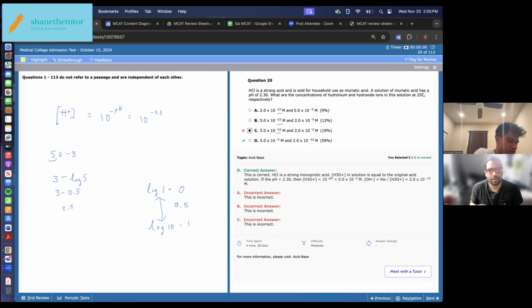Why don't you do it for this? What's the pOH of that? So that would be 12 minus log of 2.